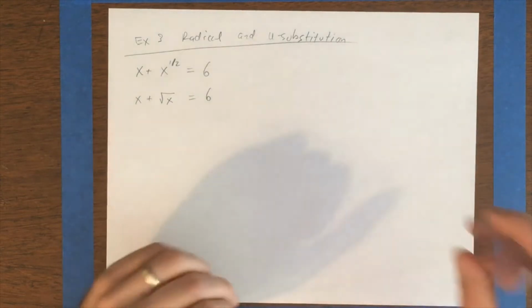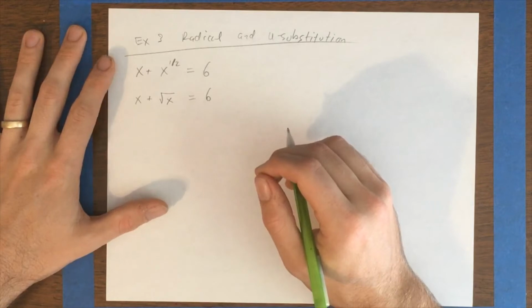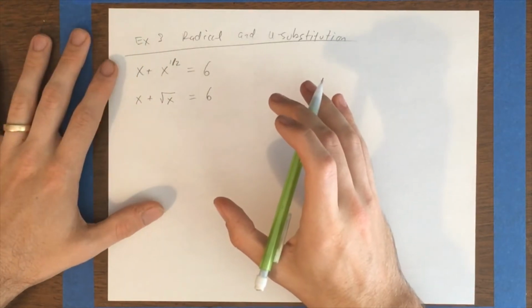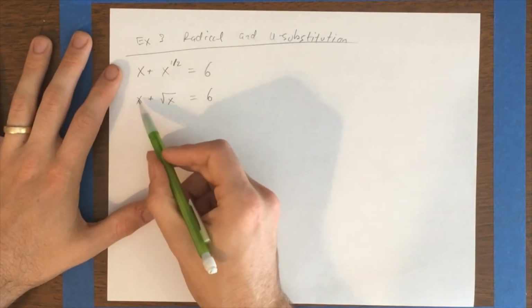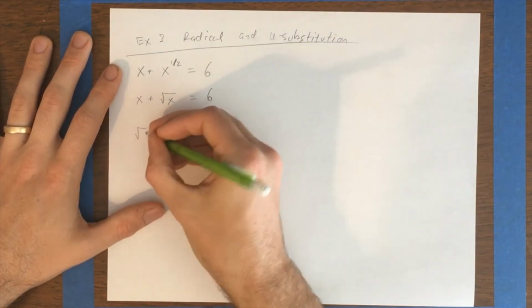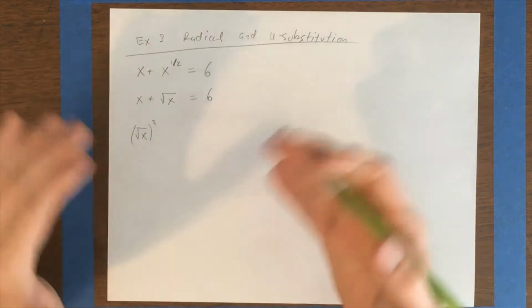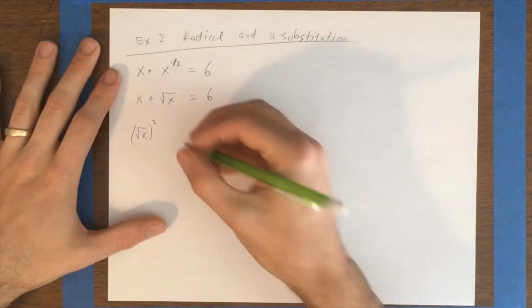It's a very important concept, so I'm going to introduce it in this example. The idea is to notice that x is actually the same as the square root of x squared, right? Because the square root and the square cancel each other out and give you x, but we can write it as the square root of x squared.